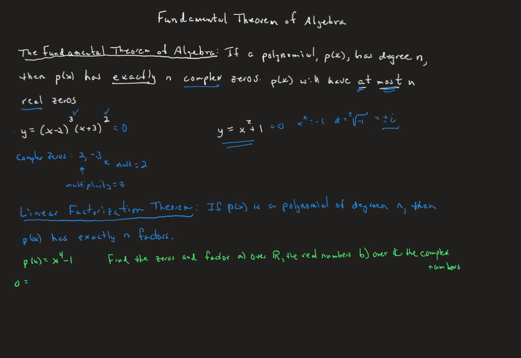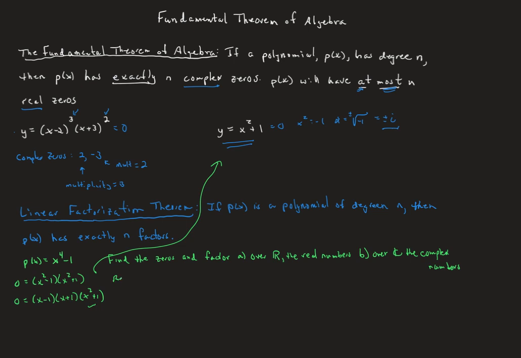So we'll start by factoring this as the difference of two squares. And so we can see that the x squared minus 1 will factor again as the difference of two squares, but that the x squared plus 1 does not factor over the real numbers. So as we saw in the example earlier, the zeros for x squared plus 1 are going to be imaginary.